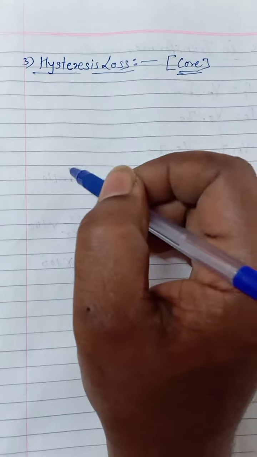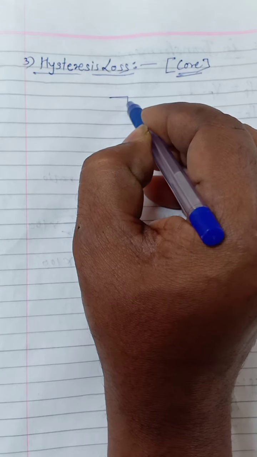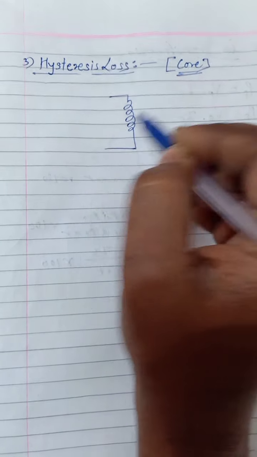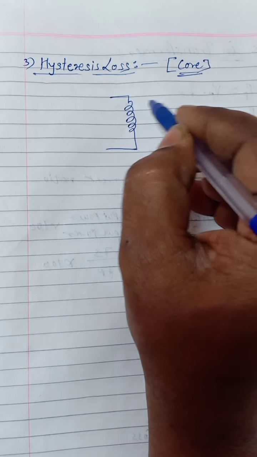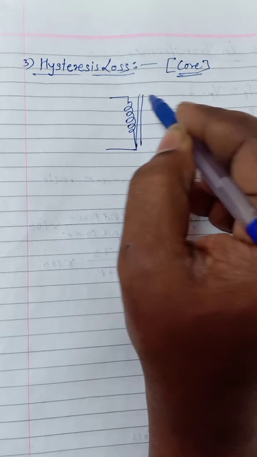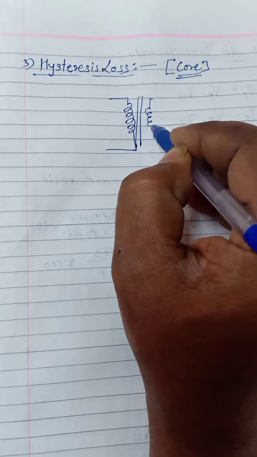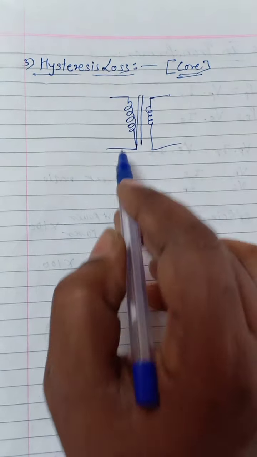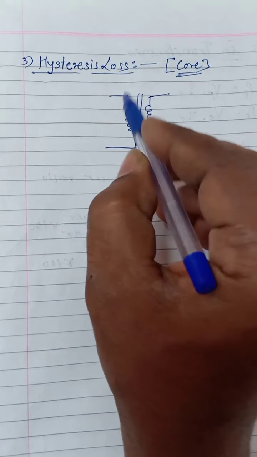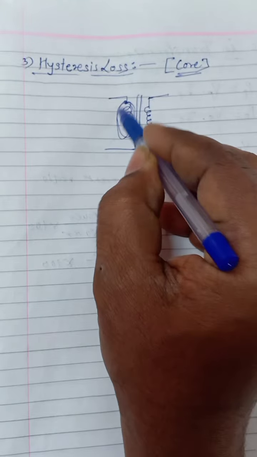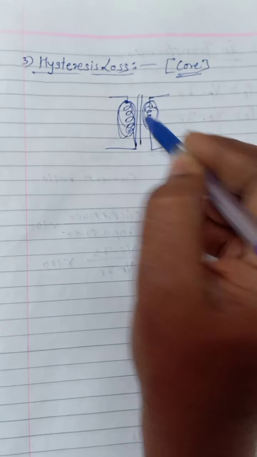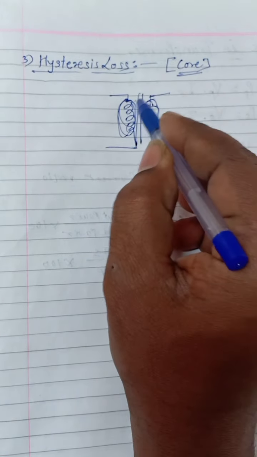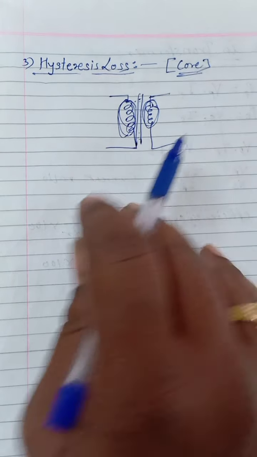So you know the transformer: primary, secondary, and the two lines indicate an iron core. We know the structure of this transformer. The magnetic field produced by the primary is cut by the secondary, and at the same time it is cut by the iron core.